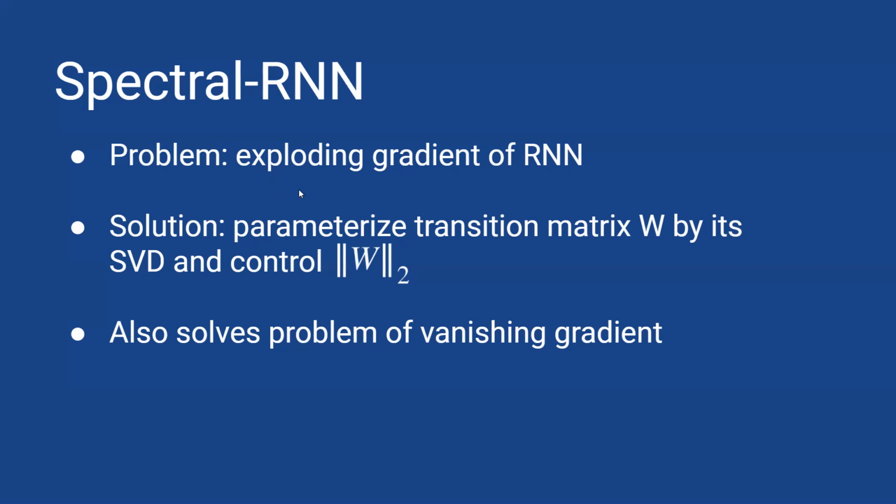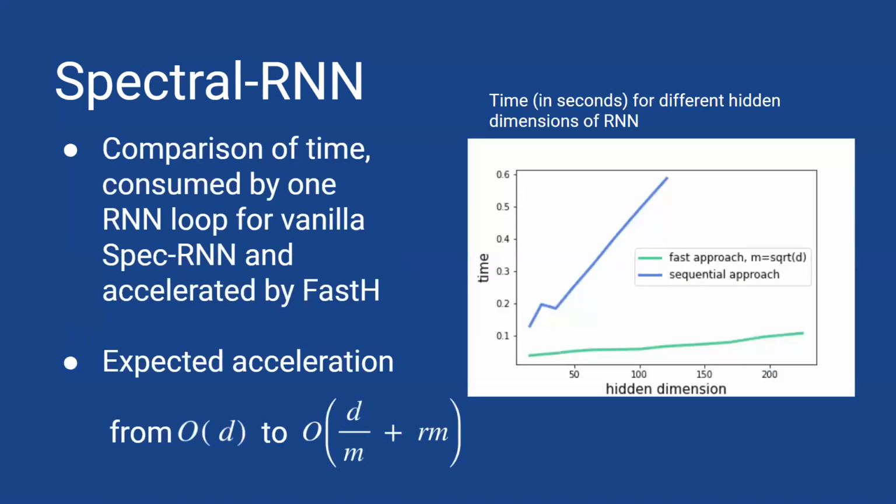It's easy to see that the derivative of the loss function with respect to the parameters of the recurrent network is strictly connected to the spectral norm of the transition matrix, and the power of the transition matrix in this relation equals the number of recurrent applications of the RNN. It was observed by them that this approach also tackles the problem of vanishing gradient.